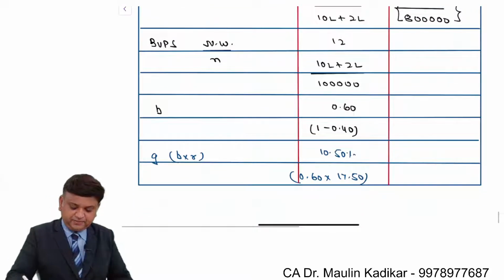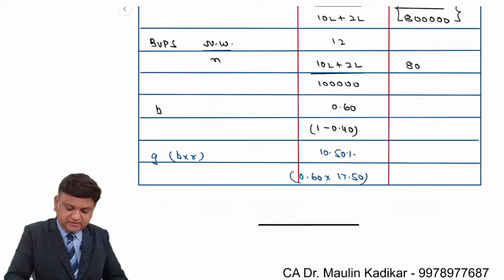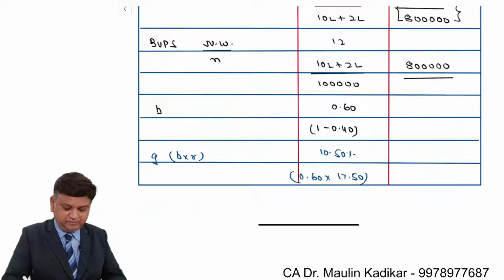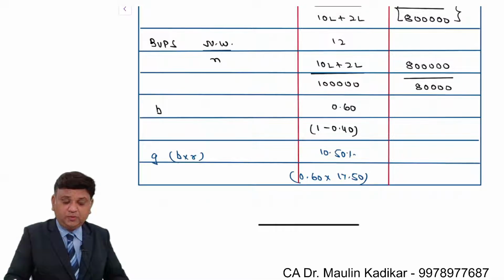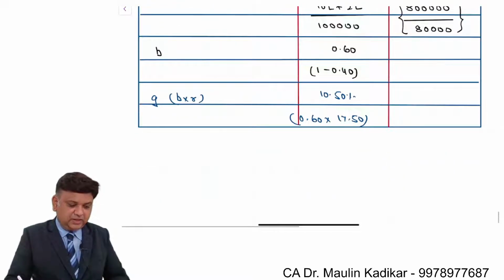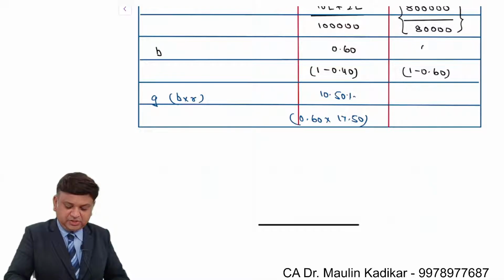Book value per share, it is 8 lakhs divided by the number of equity shares, that is 80,000. So book value per share is rupees 10. Dividend payout ratio is 60%. So 1 minus 0.6. So retention ratio is 0.40.